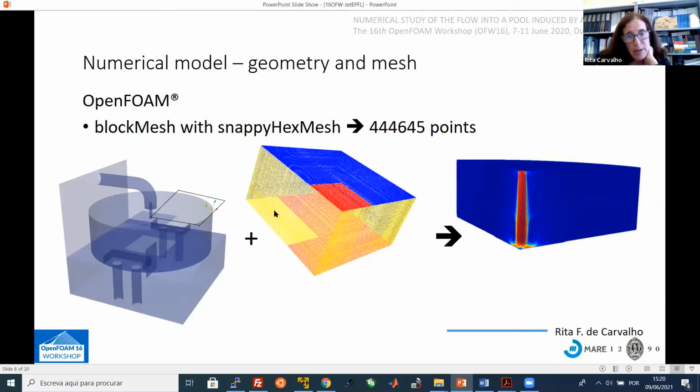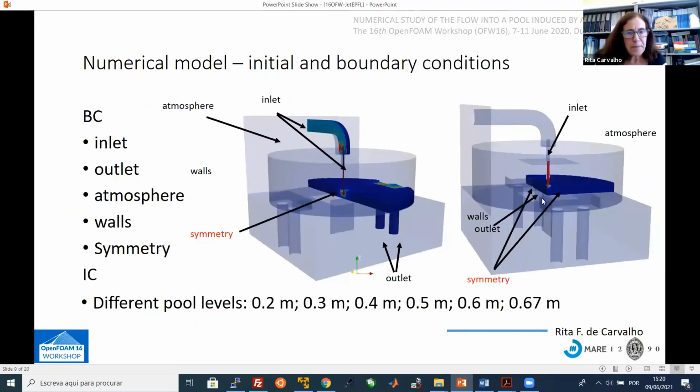We include the outlet here to catch this part, that part has a finer mesh, and the atmosphere, inlet, and the walls. Okay, and then we have the mesh like this.